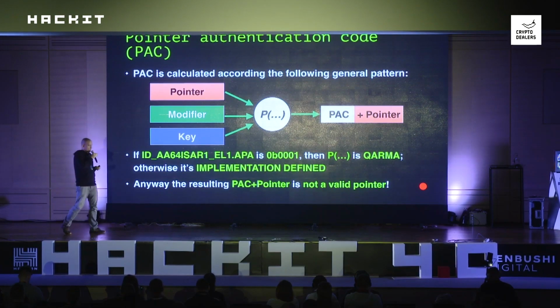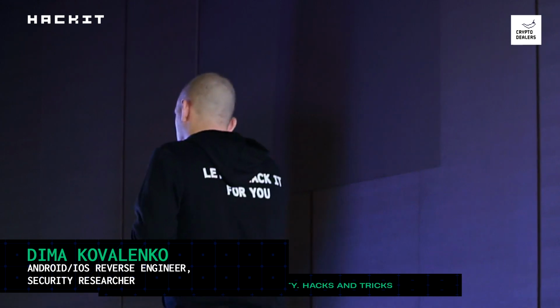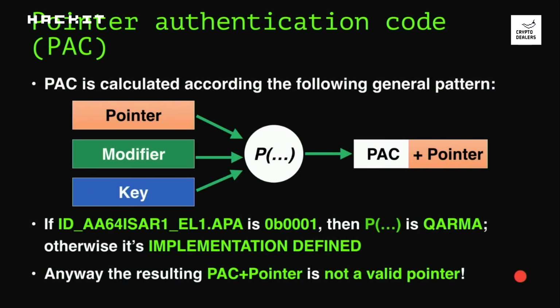ARM proposes to calculate the pointer authentication code, actually the signature, in this way. They propose to use pointer, modifier and key as input, and get the pointer authentication code in upper bits, and the pointer itself in lower bits.